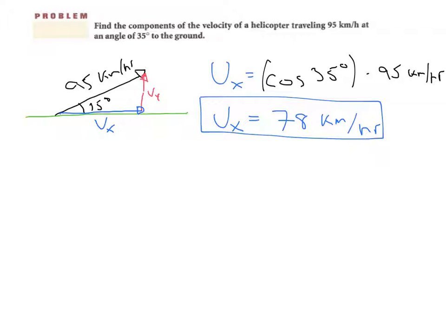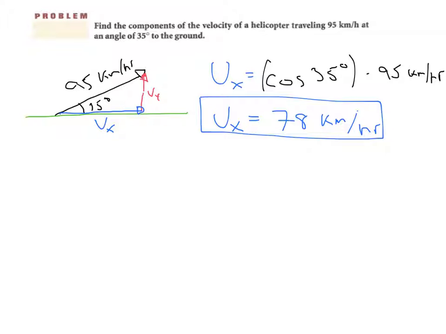Okay, so for v sub y, again, I'm going to look at my triangle. I want to find the y side, so this is opposite over hypotenuse, so SOH I can use, sine of 35 equals opposite over hypotenuse.